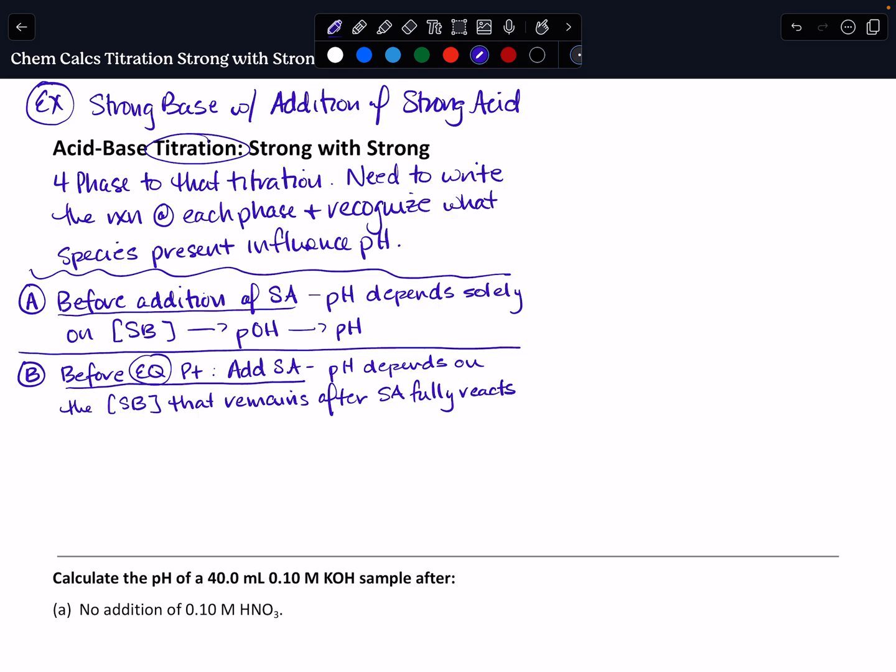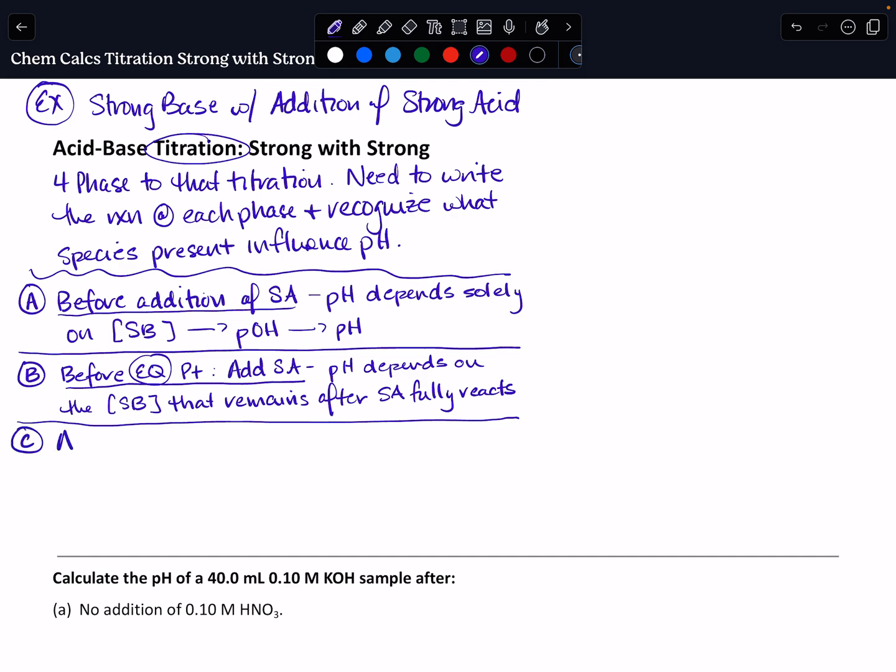Then with that strong base, you'll calculate pOH, and that pOH can be converted into pH. So we've added some strong acid, but not enough to equal the amount of base that's present. So we're going to use up some of the base, but there will still be some remaining, and that is what is going to control our pH value.